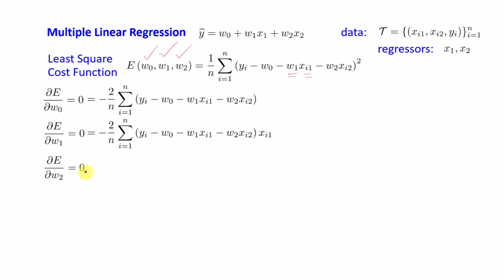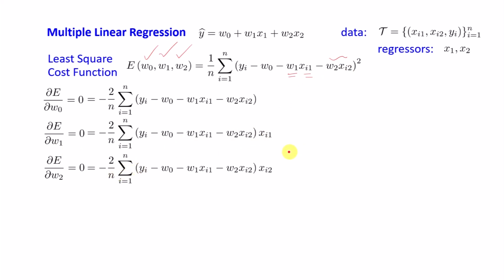Similarly, this del E del W2 will be given by, once again, -2 times summation. Whatever there is in the first bracket will stay, but then we have to take the derivative over here. So instead of xi1 in this case, now it will come as xi2.